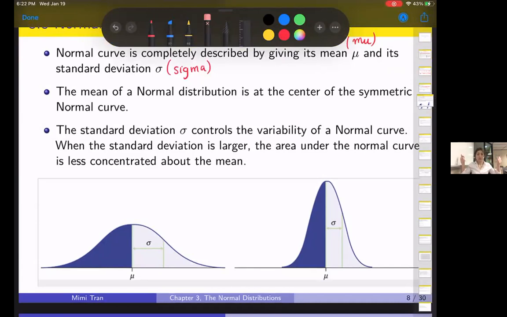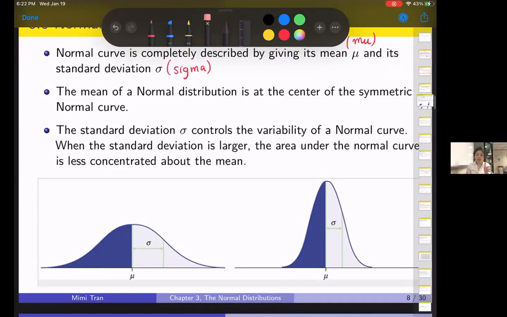the more spread. So on the left picture, the standard deviation is large, so the normal curve gets fatter, a little larger. On the right-hand side, the standard deviation is small, so the bell curve gets squeezed and becomes skinnier. So you have less variability, which means the data points in your data set are closer to the mean compared to the one on the left.